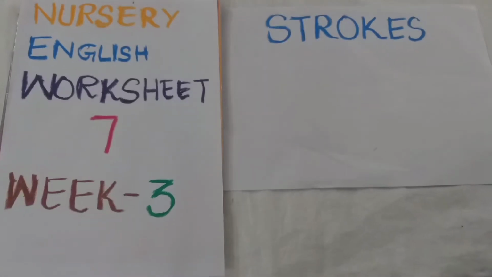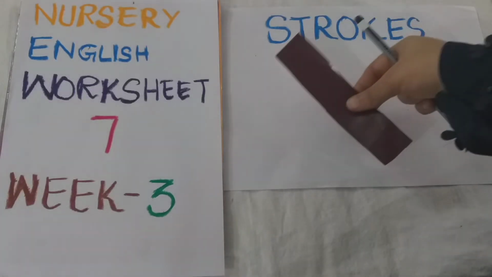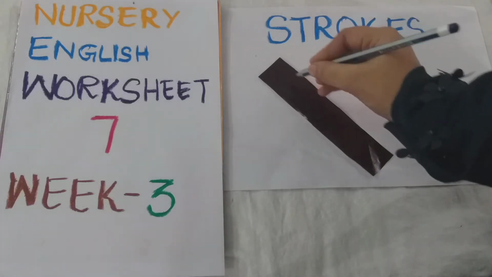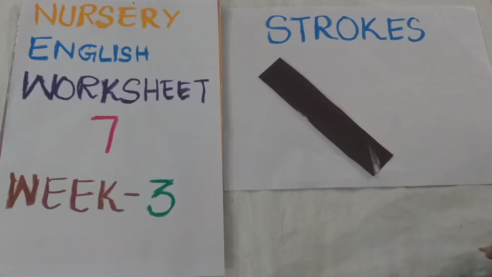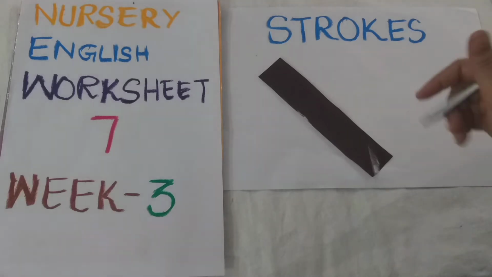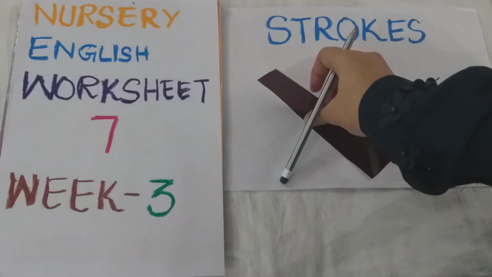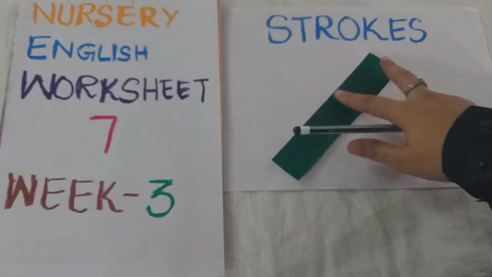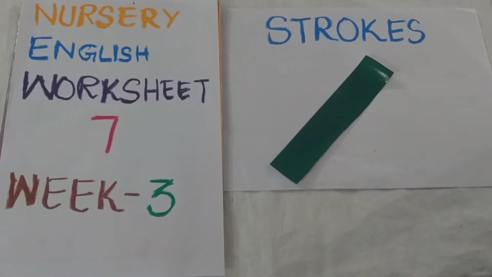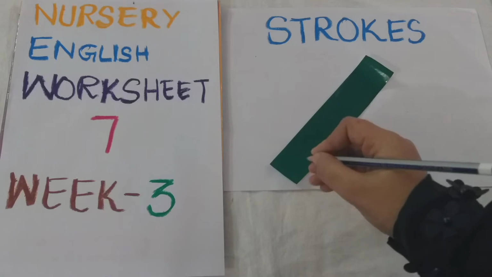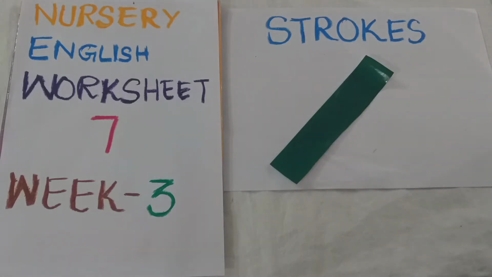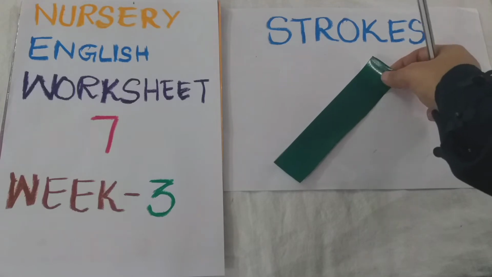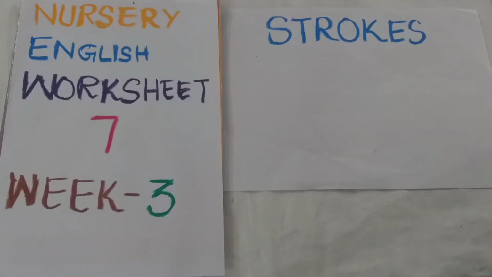After sleeping line, I want to show you right slanting line. After right slanting line, I want to show you left slanting line. So today we are going to do strokes. Now I'll show you how to write the strokes.